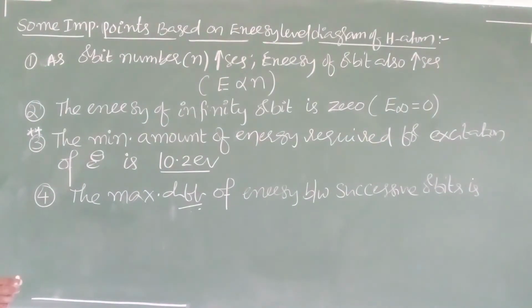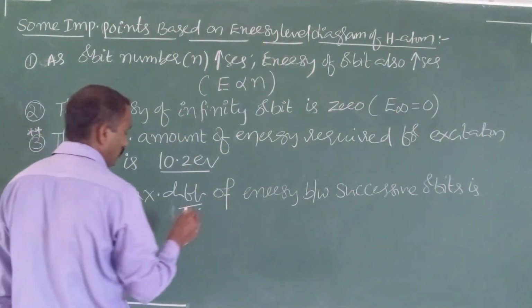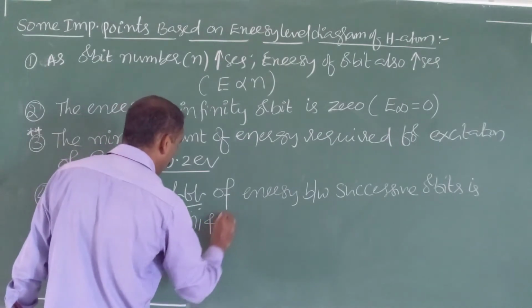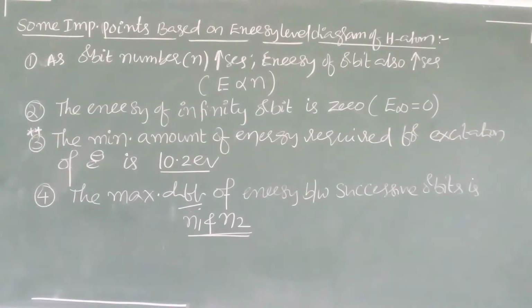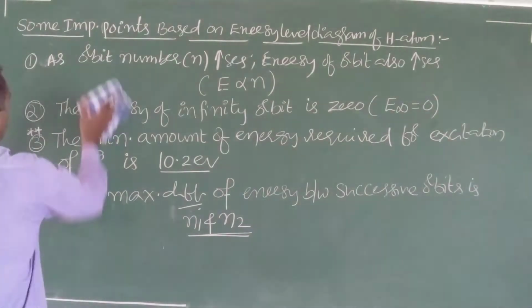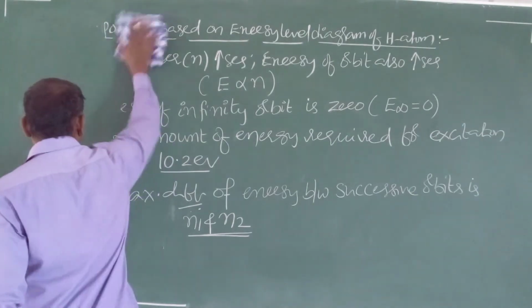So between n1 and n2, more energy difference is there. As we go to higher levels, the difference of energy decreases. So these are the important points based on the energy level diagram of hydrogen.